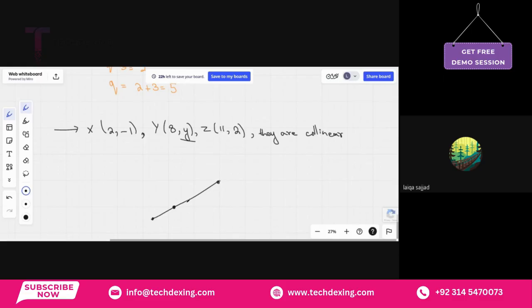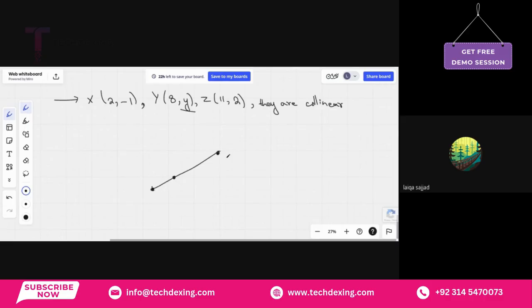So whenever all the 3 points are collinear, you can say that the gradient of these 2 points will be the same as the gradient of the other 2 points. For example, if x lies on the bottom, then we have y somewhere in between, and then we have z on the top. As they are on the same line, their gradient must be the same. So the gradient of xy will be equal to the gradient of yz because they are collinear.